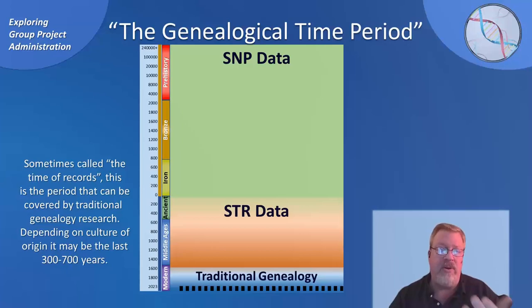So that's the time when you're going to have records. You're going to be able to name your ancestors as opposed to just knowing that you have connected lines. And you might be able to associate named ancestors with either SNP or STR patterns, depending on what you can find.